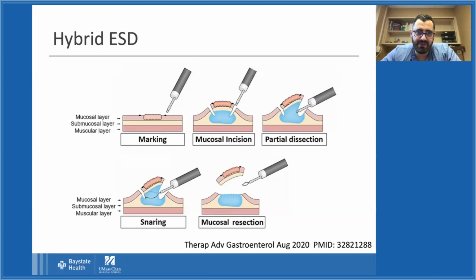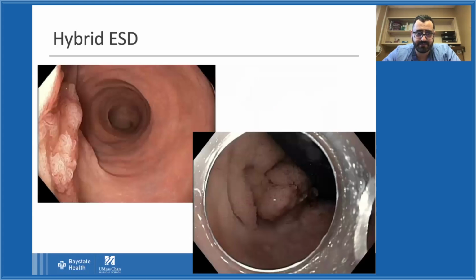The advantage of the hybrid ESD is you still get the polyp or the majority of it in a single piece, but you save a lot of time, because the snare will take maybe a minute to remove the rest of the polyp, versus the ESD might take an hour or more.